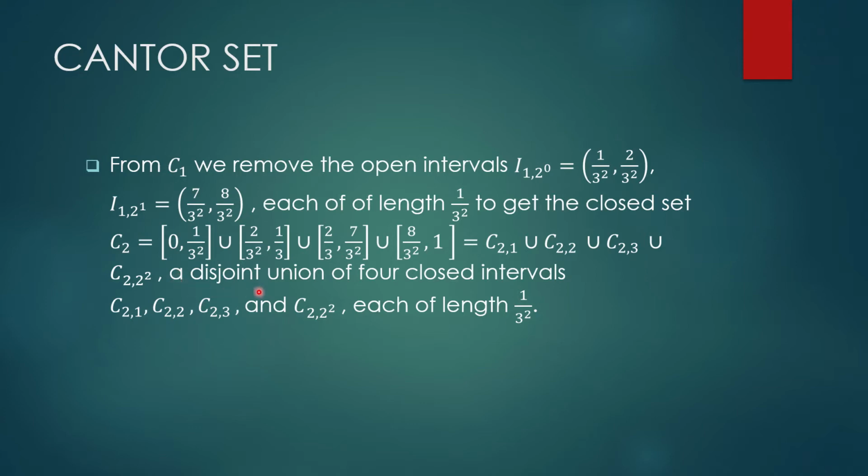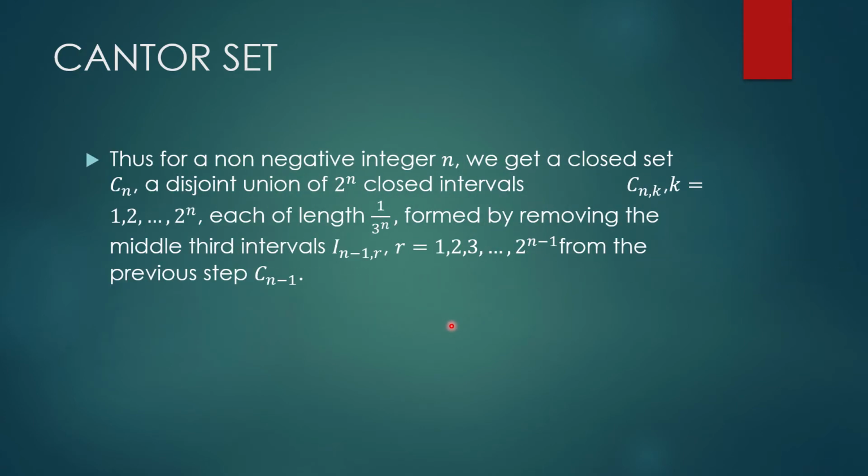It is a disjoint union of four closed intervals C21, C22, C23, C24, which we have already shown by picture, each of length 1/3². Thus for a non-negative integer n, we get a closed set Cn. Just like we got C1 and C2, for any non-negative integer n we will get Cn, and the construction is similar. So, what is Cn?